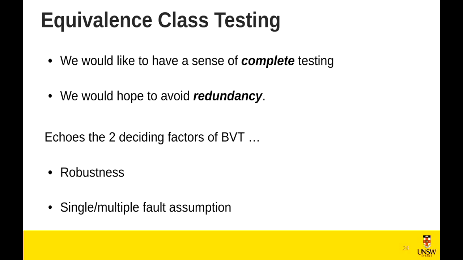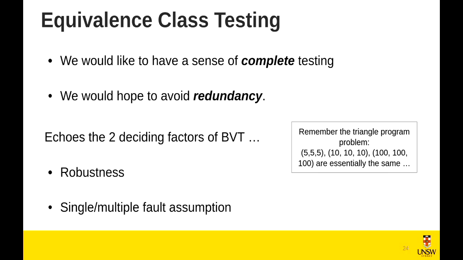Just now we discussed why the single fault assumption makes sense, right? Because if we don't have this assumption, we may have too many test cases. So the second deciding factor here is the single or multiple fault assumption. These two deciding factors also affect equivalence class testing.